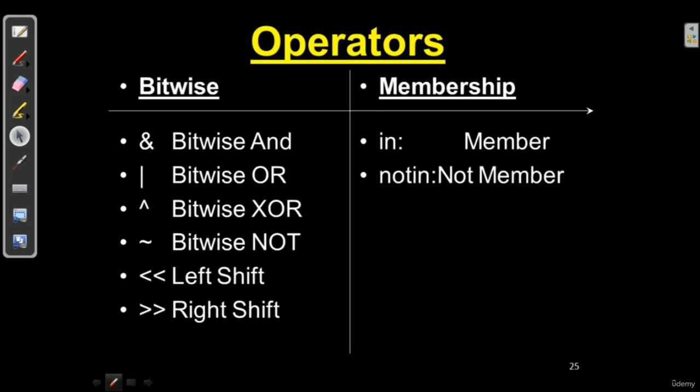Here is our bitwise operator. What is a bitwise operator? It's and, which is the ampersand, or, which is the straight slash, XOR, not, left shift, and right shift. Then we have membership: in and not in. Let me show you where you have learned the membership.